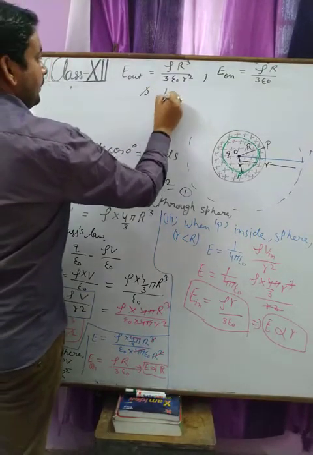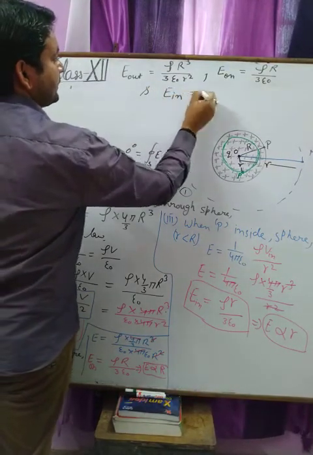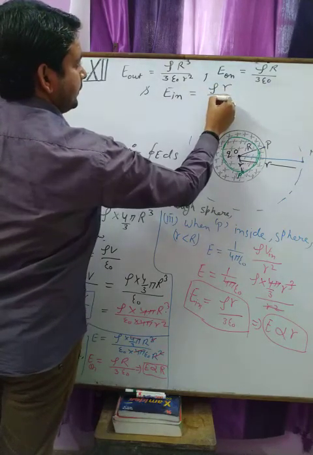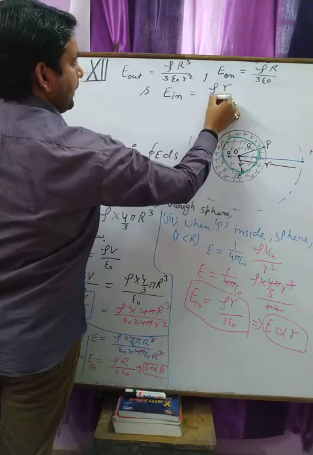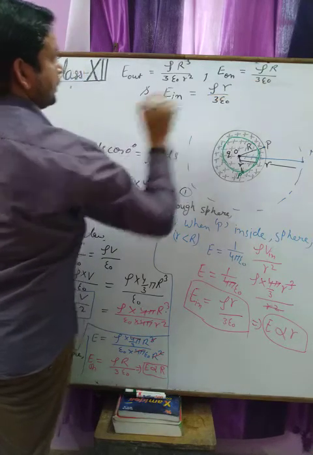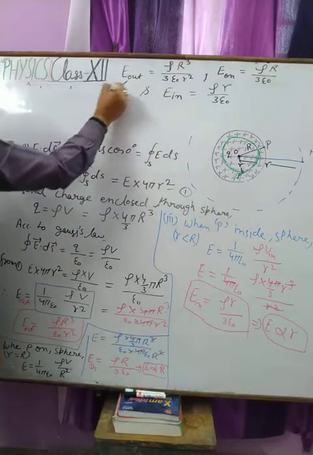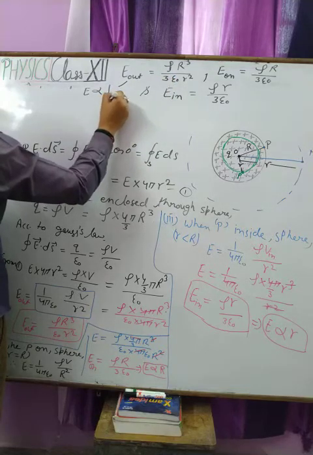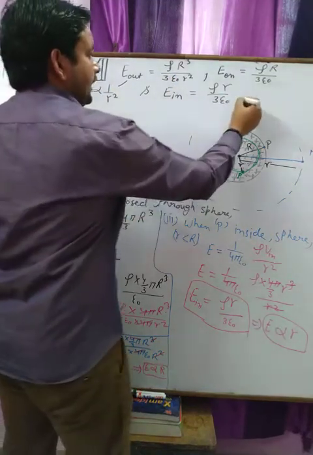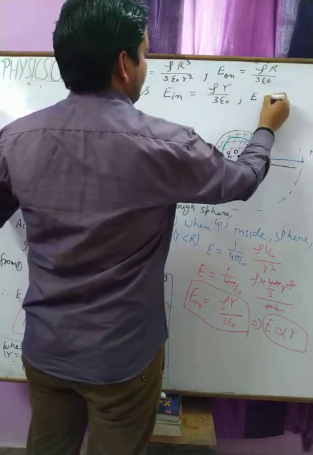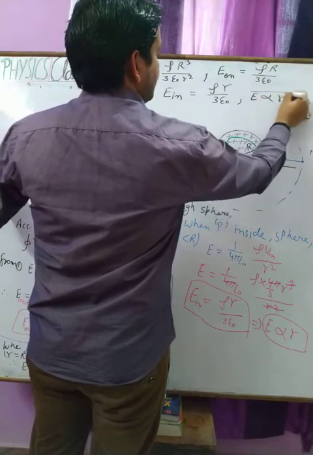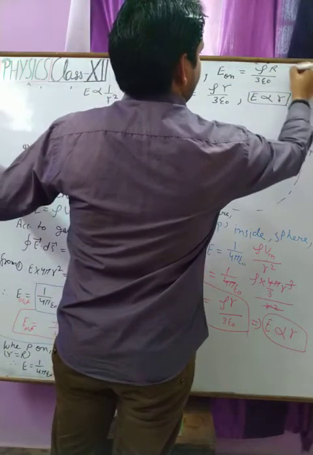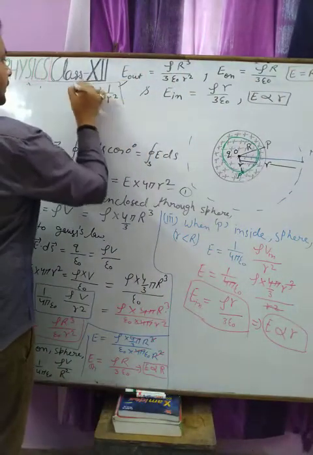And electric field inside the sphere is rho small r upon 3 epsilon naught. ओके, नाउ आउटसाइड के लिए जो इलेक्ट्रिक फील्ड है वो इस तरह से रिलेटेड है डिस्टेंस से. इनसाइड के लिए जो इलेक्ट्रिक फील्ड है, that is directly proportional to r, and for this is this. Okay, you have the three rules.